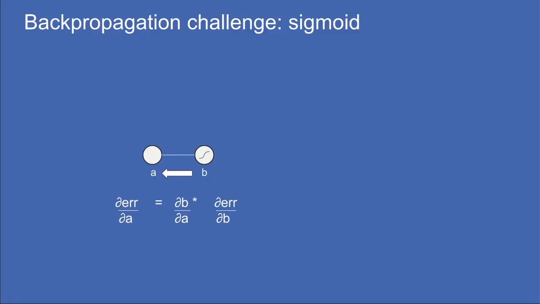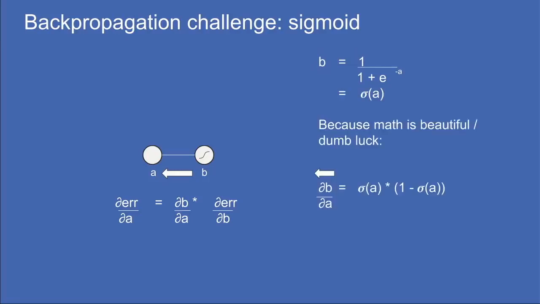Now, the most interesting one of all. If I know how much the error changes with respect to a change in B, and then I want to know how much it changes with the input into that sigmoid function, then I can say, okay, a sigmoid function mathematically looks like this, and I can take the derivative of B with respect to A. And one of the beautiful things about the sigmoid function is that the derivative actually looks like this.